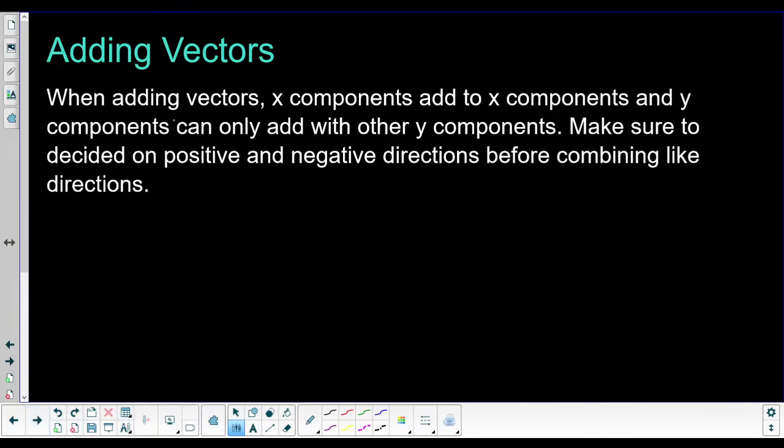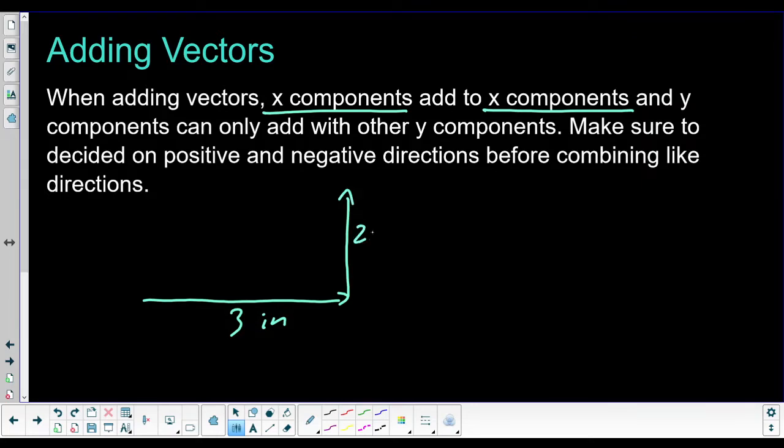So when adding vectors, x components can only add to x components. And let's maybe think about that, right? Let's say I have some component that's this long. Let's say this is 3 inches, and then I add something perpendicular to it and make a right triangle. Let's say maybe this is 2 inches.